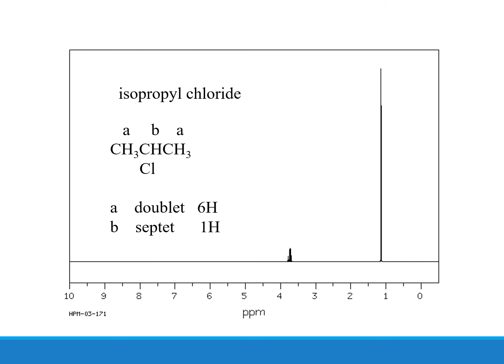You have 7 protons in 2 different environments, and the middle carbon atom with 1 hydrogen will have a septet or complex splitting that splits by the 6 hydrogens into 7, and the 3 neighboring hydrogens from left and right side will split the single hydrogen in the middle into a doublet.